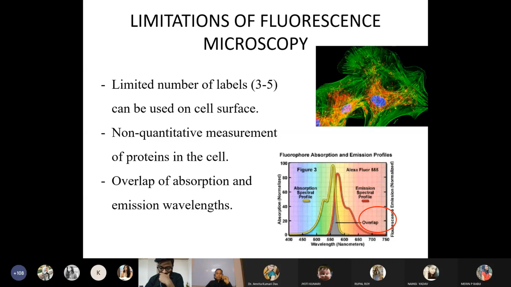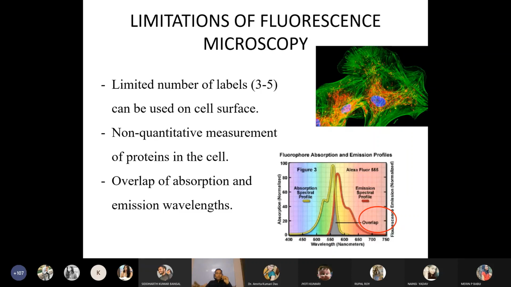What are the limitations? The limitation lies in the fluorescence itself. The use of fluorescence is the limitation of the microscopy. For example, take the nuclear pore complex, with 8 different molecules.